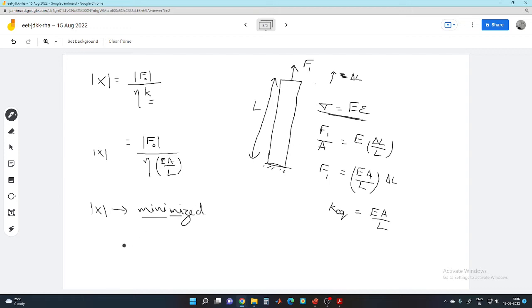For this minimization, we want to maximize the denominator. If the denominator is maximized, this value will be minimized. So again, what we want is eta into EA upon L to be maximized.